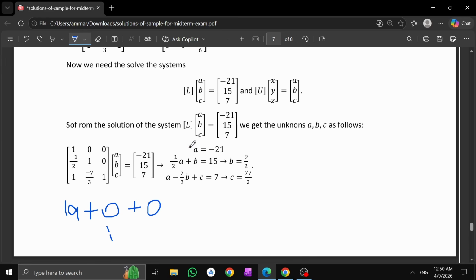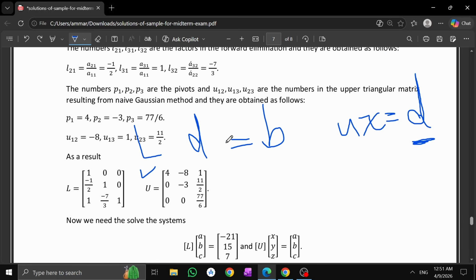Then you do the same: you use the value of a to get the value of b. As you can see, minus a plus b, and the c value is already deleted by the 0, because 0 multiplied by c. So you already have a, you get b, and after that you have a and b, so you get c. Now you have found D1, D2, D3, or a, b, c.